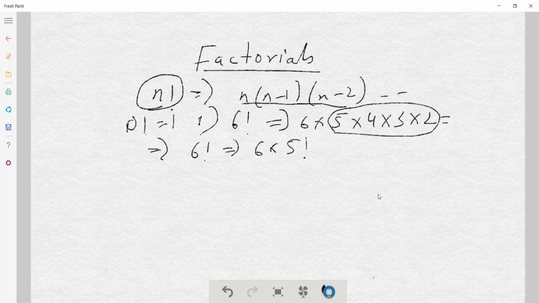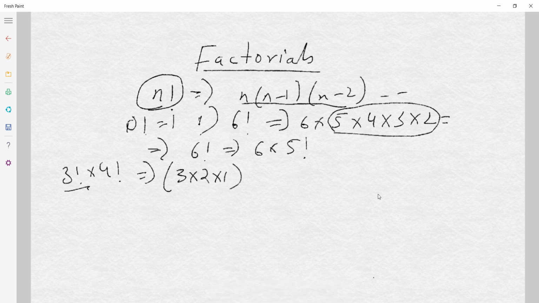So let's work out some problems here. You can multiply 2 factorials, that's possible as well. Let's say you have 3 factorial times 4 factorial. This can be simplified in a very easy way. Let's work out the 3 factorial first: 3 times 2 times 1, because we're doing n times n minus 1 times n minus 2.